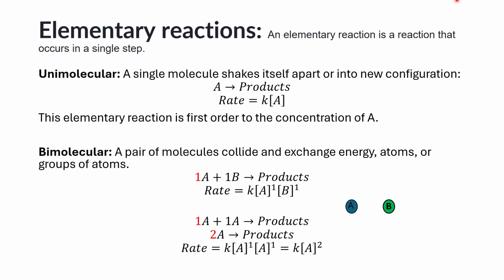It is important to distinguish molecularity from order. Reaction order is an empirical quantity obtained from the experimental rate law, whereas molecularity refers to an elementary reaction proposed as an individual step in a mechanism.